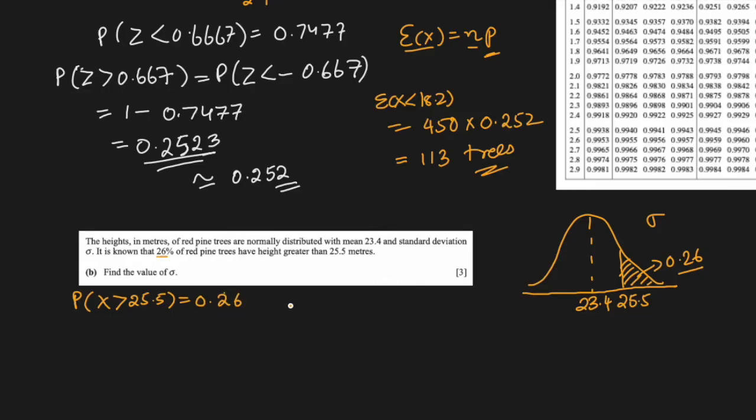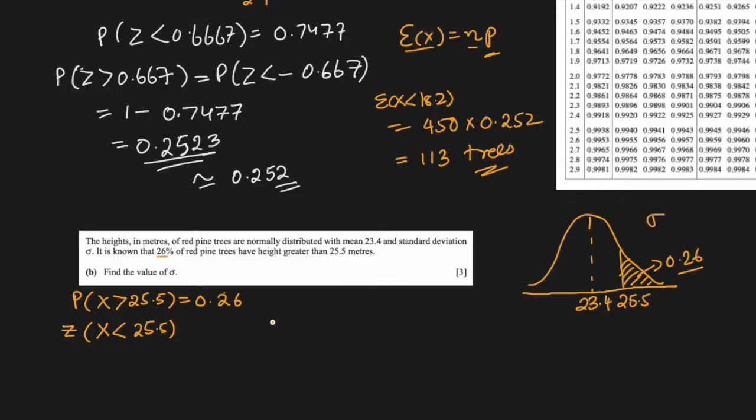So the probability that x is greater than 25.5 is 0.26, which I should convert to a z-score also.